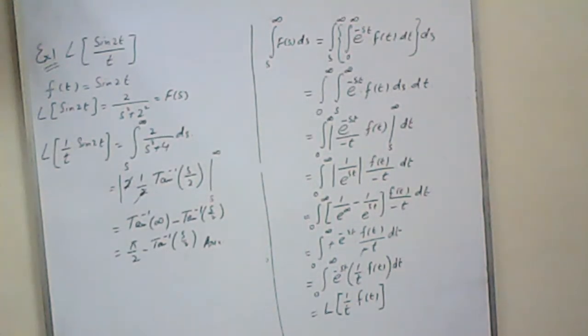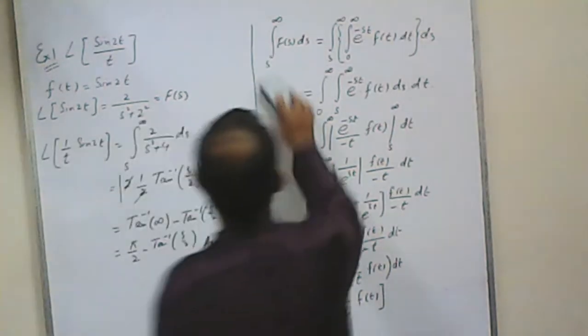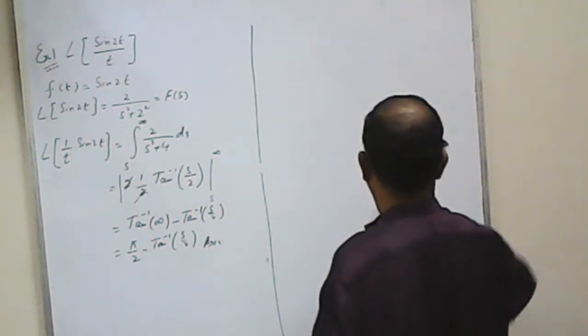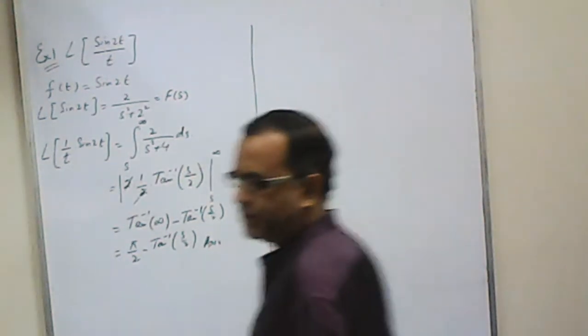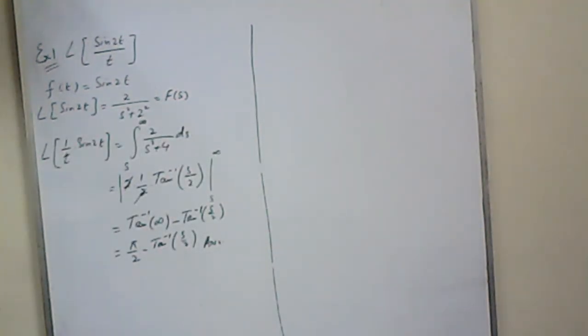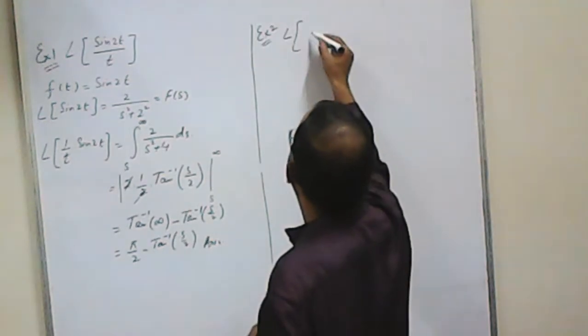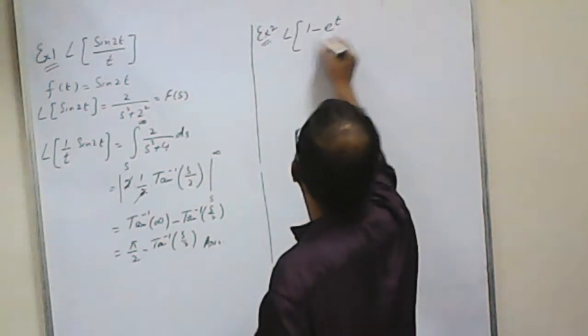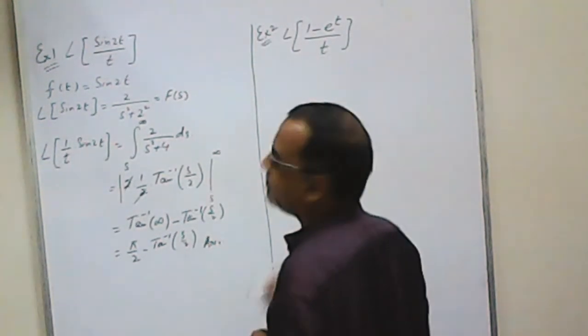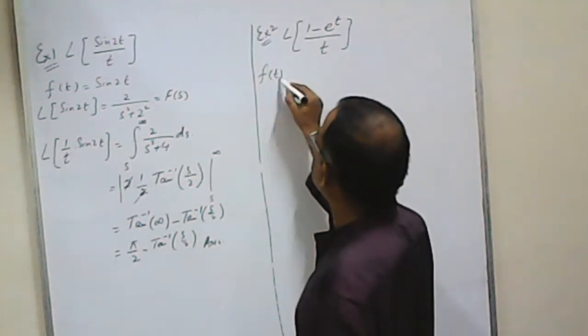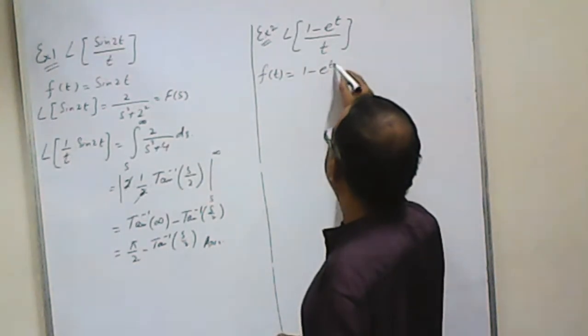Let me take another example for this. Let's say I have example 2. I need to find Laplace of 1 minus e power t upon t. So now f of t is 1 minus e power t.